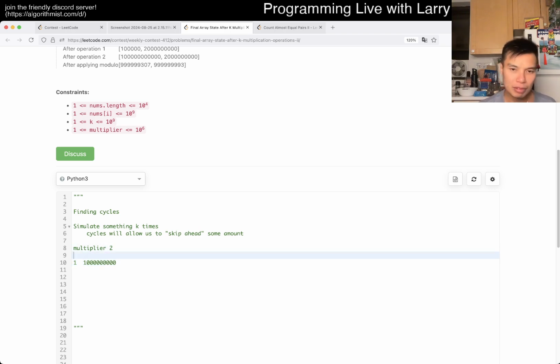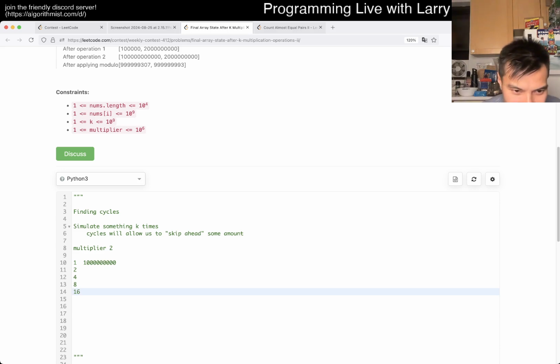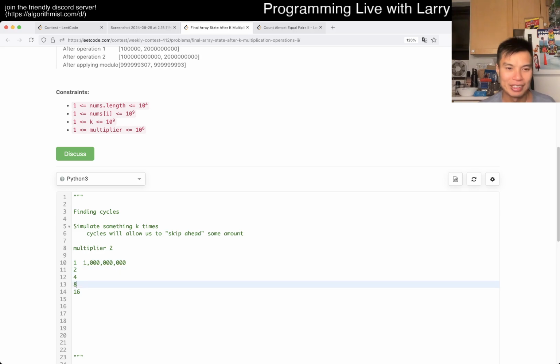This is probably close to the worst case, obviously with more numbers, but the worst case idea, right? Then now you're just going to run this: 2, 4, 8, 16, oops. How many zeros did I have on this one? Oh, I did choose a billion. So 2 to the 30 is going to be greater than a billion, right?